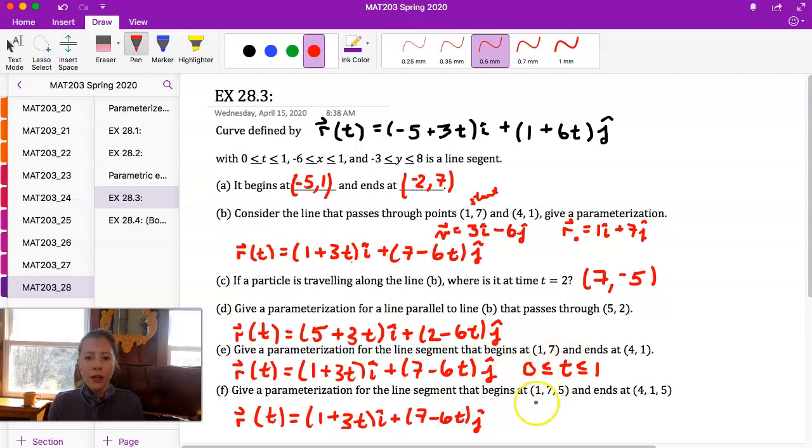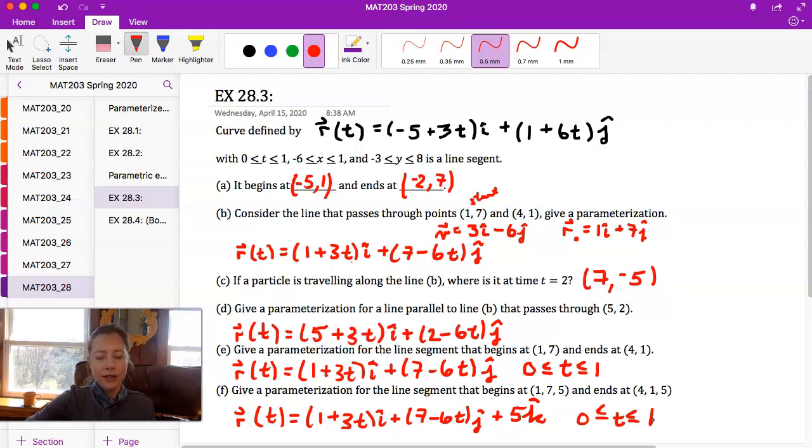But there is still a z component here. And the nice thing is z remains constant in time, so it's not moving. So our direction vector is going to be 0 k hat for that. So we just have 5 k hat. That just remains constant throughout. And it's still the same time interval: 0 is less than or equal to t is less than or equal to 1.